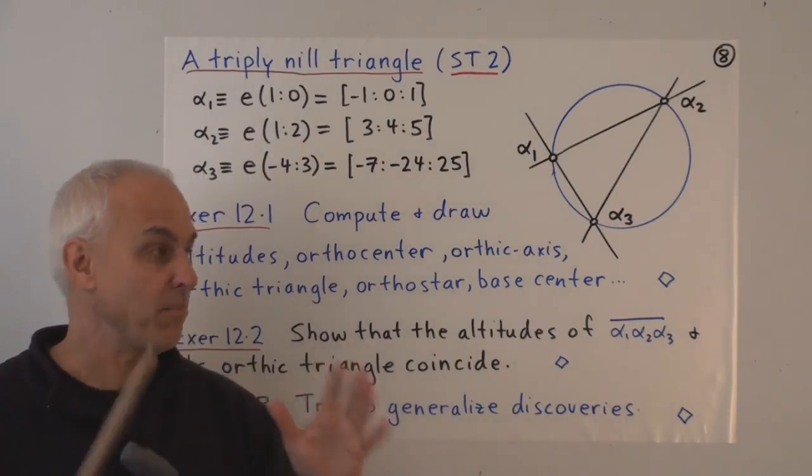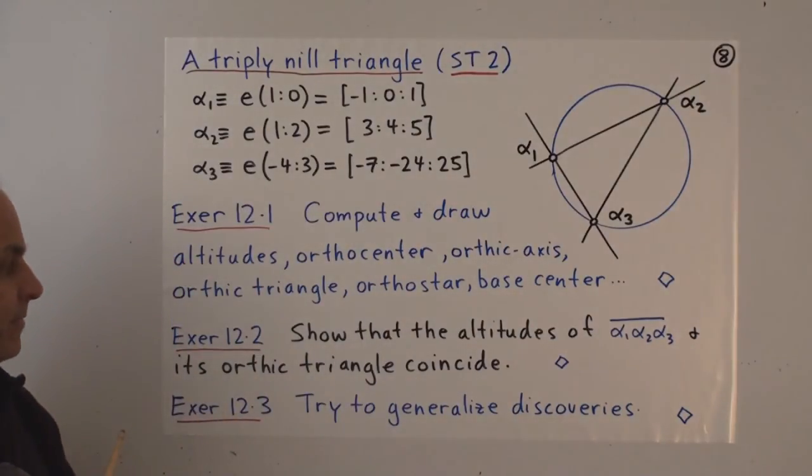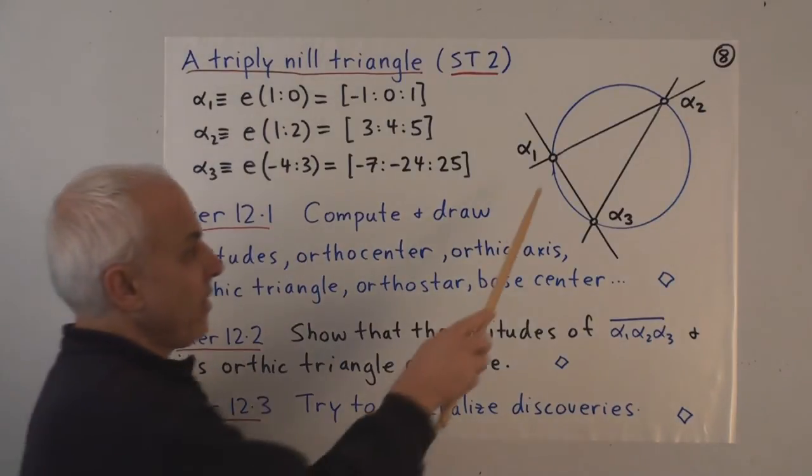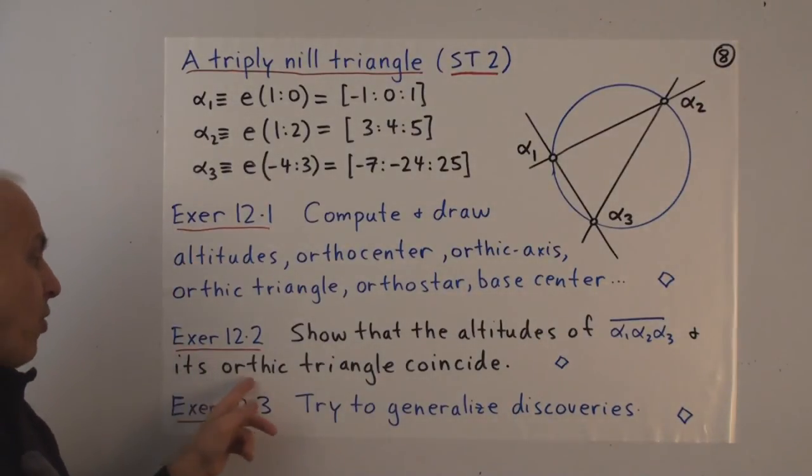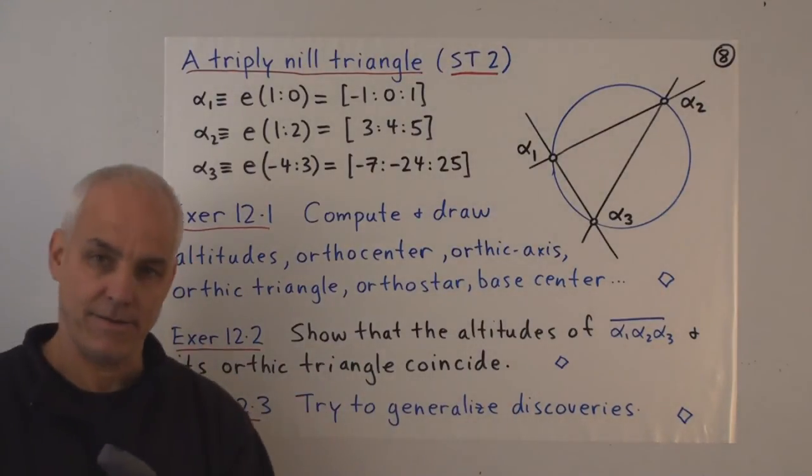So let's try to compute these various things. Second exercise, show that the altitudes of this triangle, alpha 1, alpha 2, alpha 3, and the altitudes of its orthic triangle coincide.